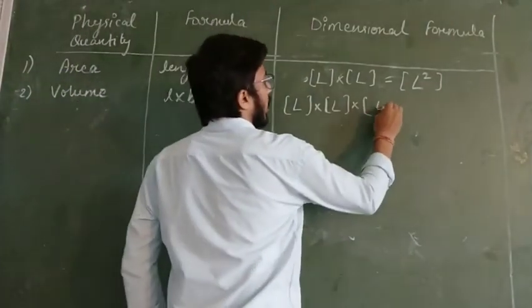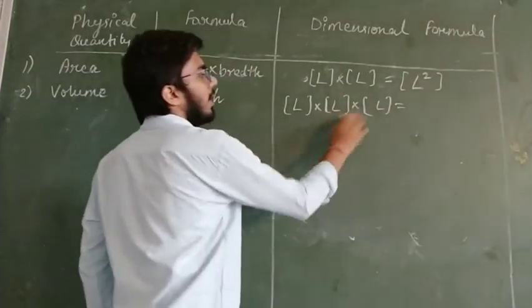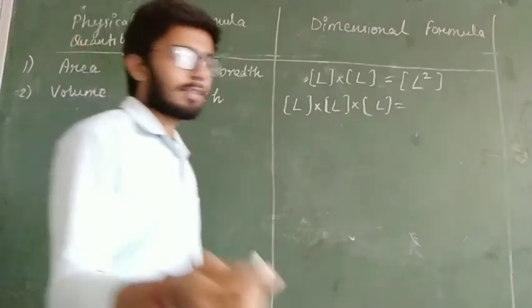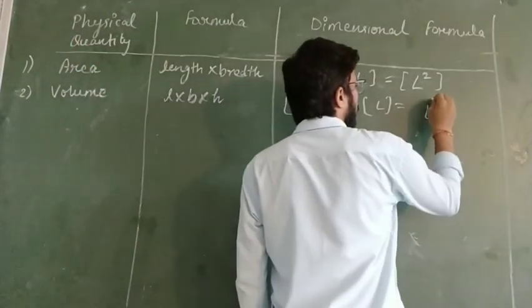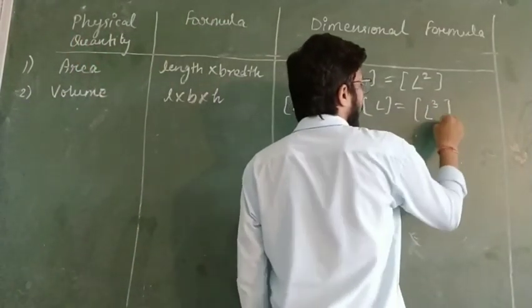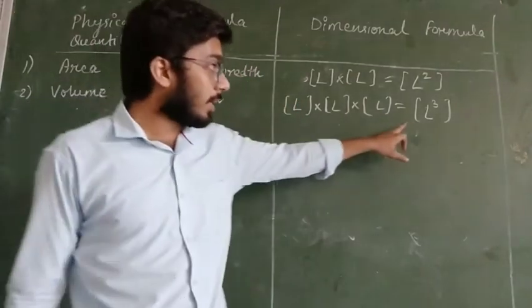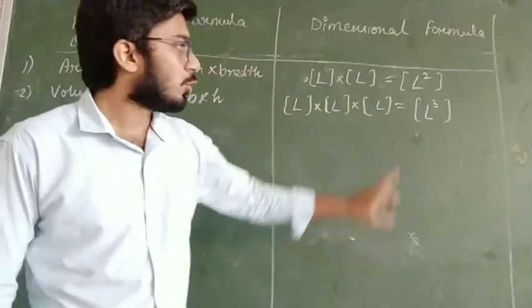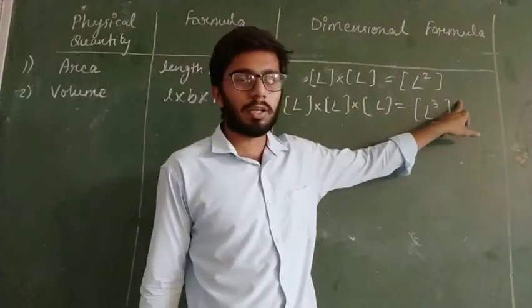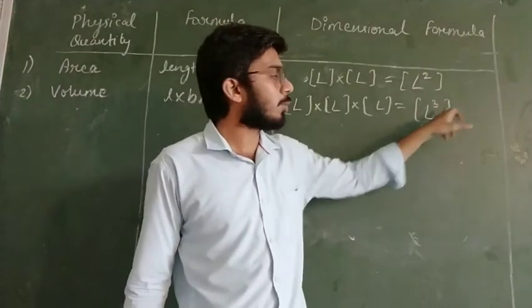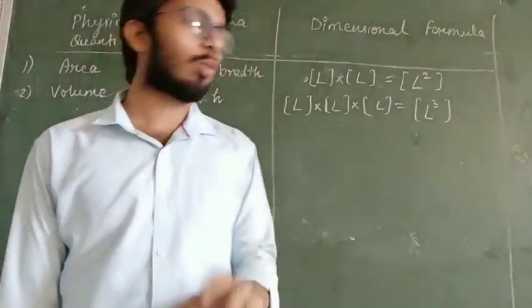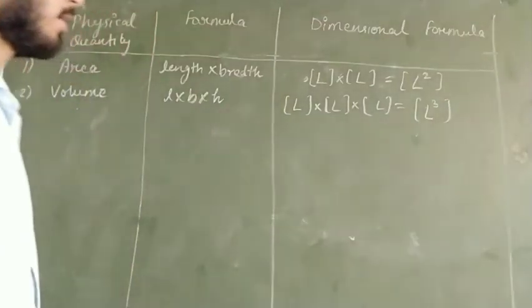So L into L into L is L to the power 3, that is [L^3]. It goes under the square brackets. You can't write the power outside the bracket. That is the rule for dimensional formula.